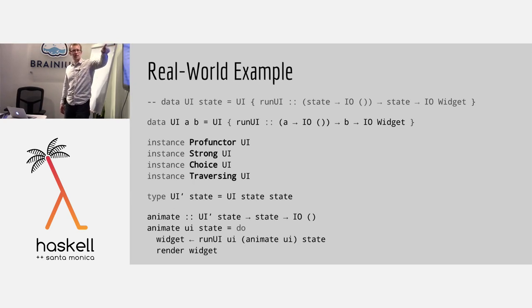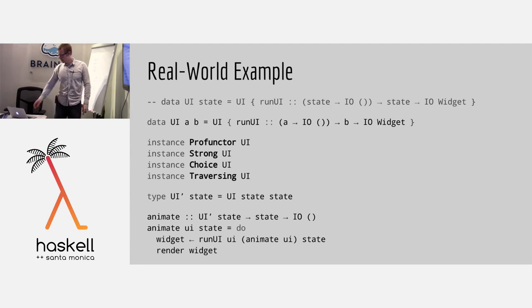So we said if we have an invariant functor, we want to split out the two type arguments that represent the positive and negative occurrences. I got these backwards, like I say, but A is going to be my negative occurrences and B is going to be my positive occurrences. Then I just go through and try and define some of these type classes for this UI type, and it turns out it's all of these things, right?